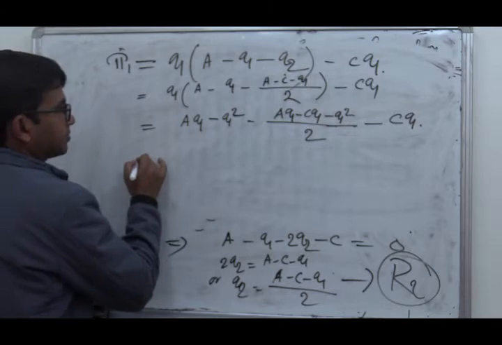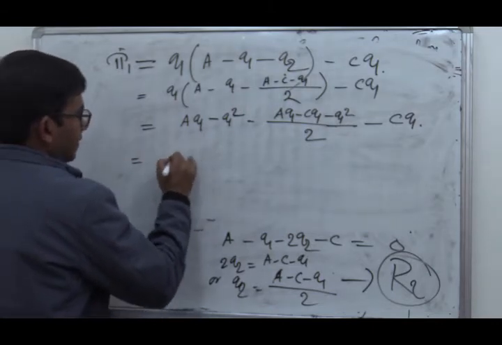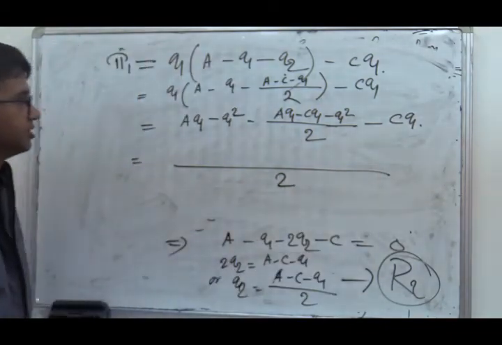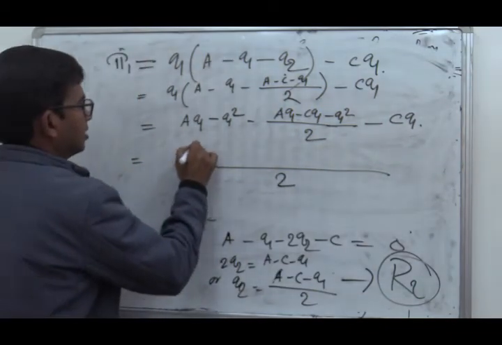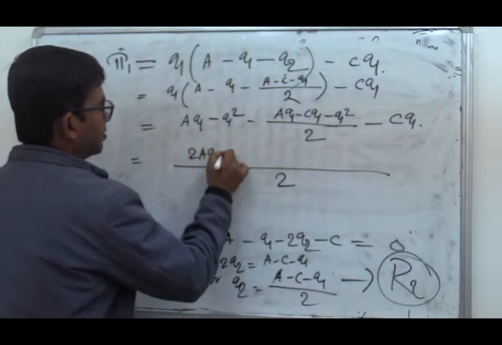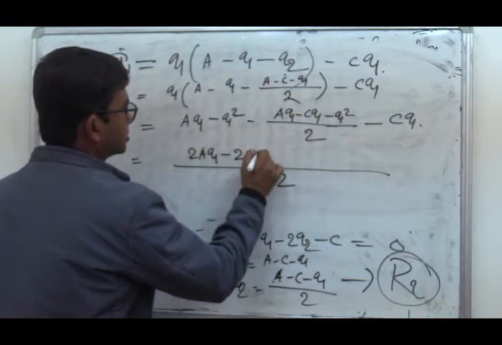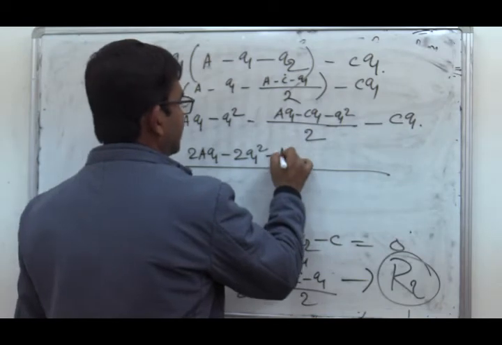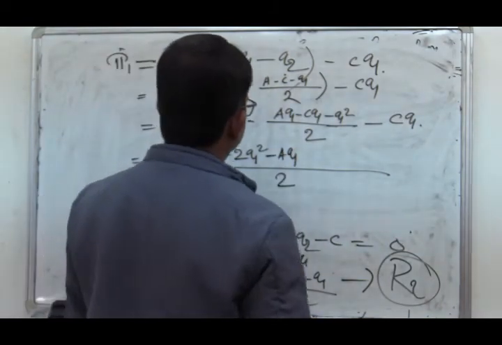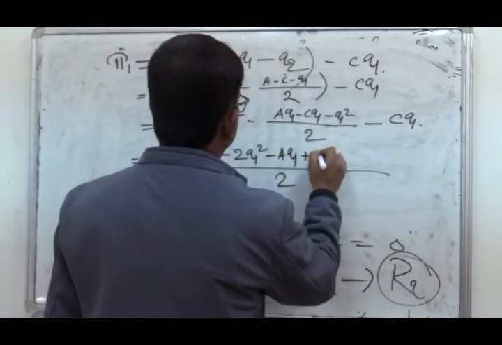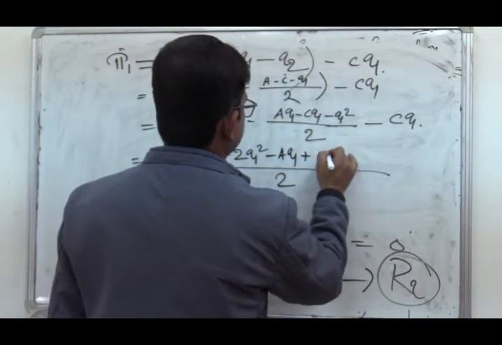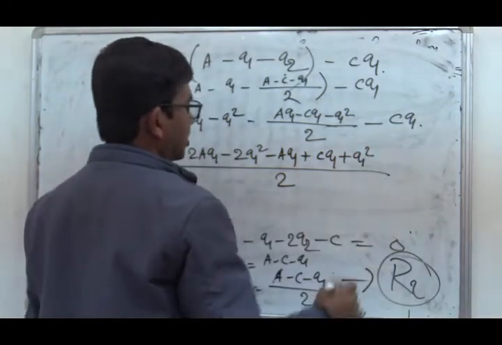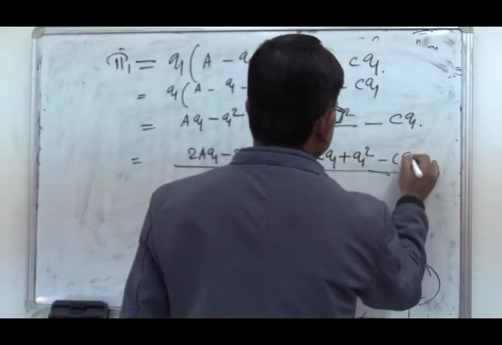In the next step, if we further simplify it, it will come 2A·Q1 minus 2Q1 square minus A·Q1 plus C·Q1 plus Q1 square minus 2C·Q1.